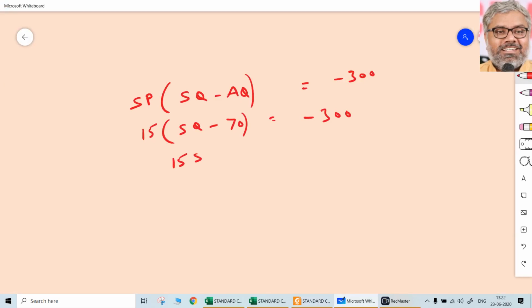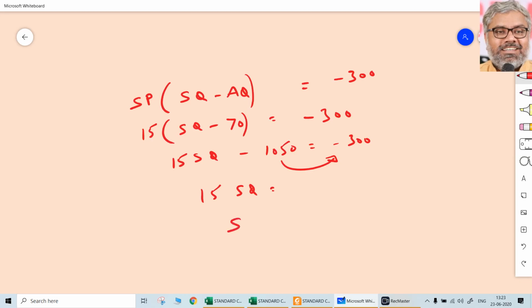So expand it. 15 SQ minus 70 into 15, 1050, is equal to minus 300. If 1050 goes to the other side, then 15 into SQ is equal to 1050 minus 300.